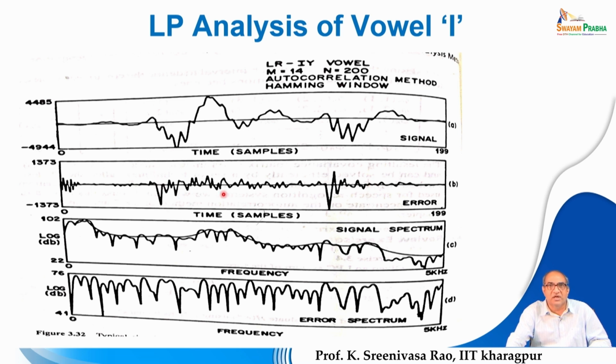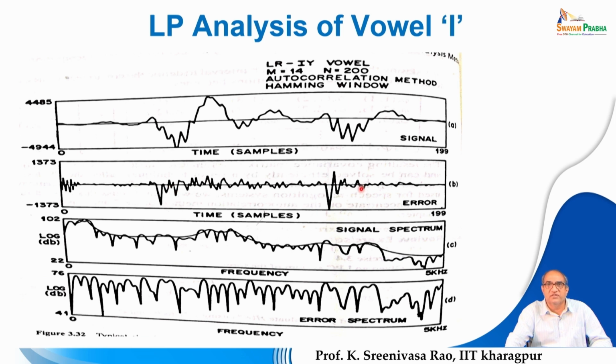This is an important observation, and it also matches our intuition. If you analyze a speech signal with LP analysis, you get a set of LP coefficients, and the output will be the error signal.